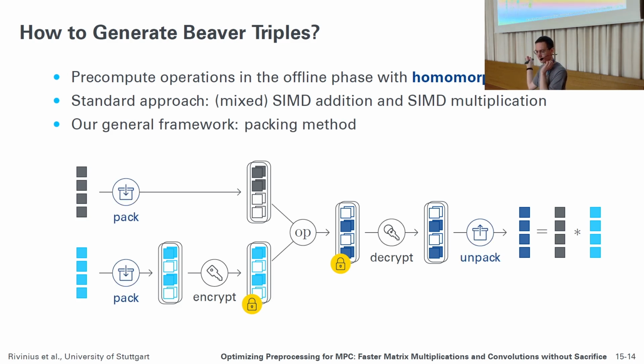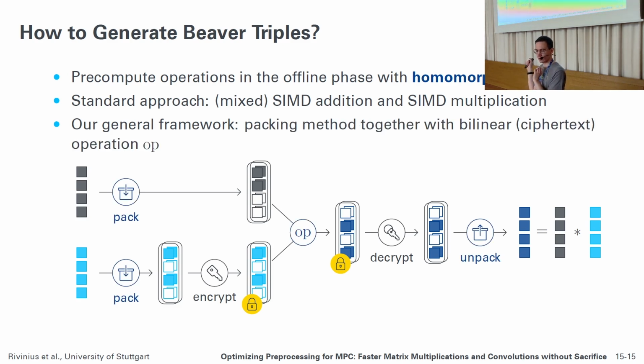Here in this example is again a convolution, but depending on how you pack and what operation you do on the ciphertext, you can do a lot of operations: matrix multiplication, convolutions, this special type of convolution used in machine learning, 2D convolutions, depth-wise 2D convolutions as well.